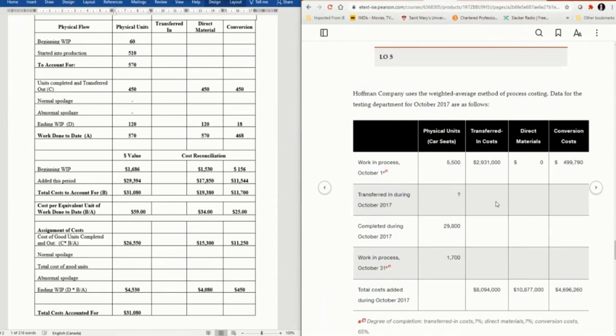But now we have three categories of inputs, right? Transferred in, direct materials, and conversion. So the transferred in costs are the materials that are added at the beginning of my process, but at the end of the previous group's process. So at the end of assembly, their finished product becomes my raw material.